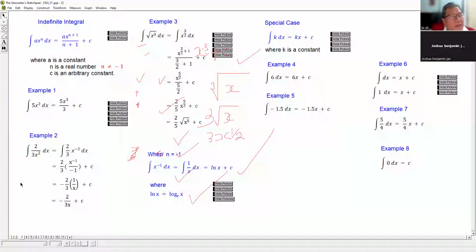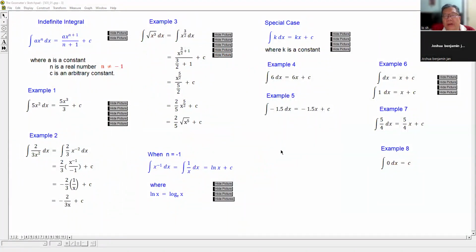Now I continue with one special case. The special case is what happens if I integrate a number, no x. If you integrate a number, let's say k, then it will be kx plus c.